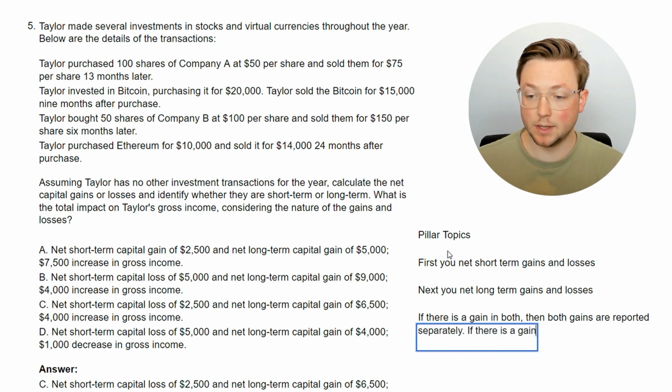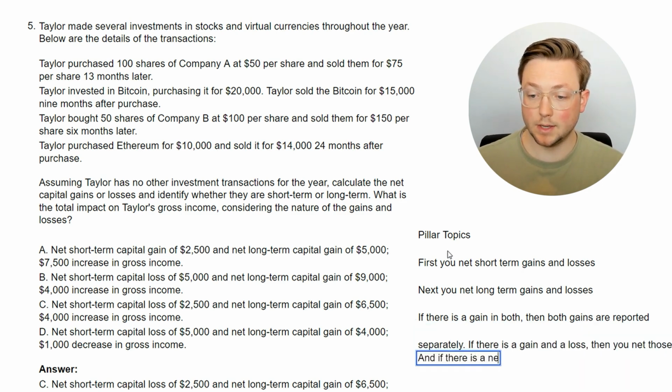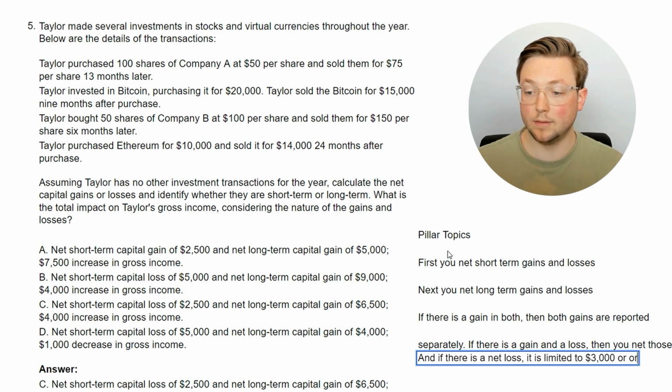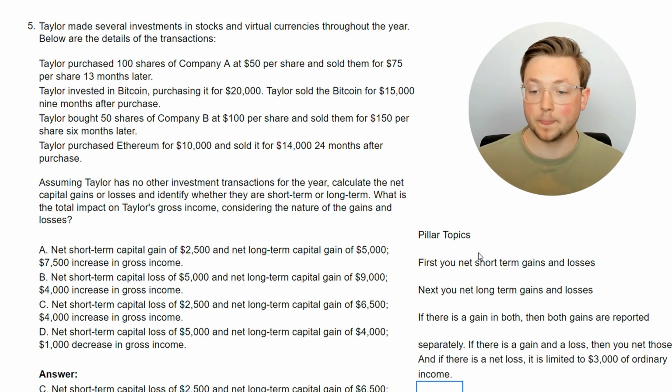If there is a gain and a loss, then you net those. And if there is a net loss, it is limited to $3,000 of ordinary income. Okay, so that's pretty straightforward there. I mean, that was the gist of what we learned.